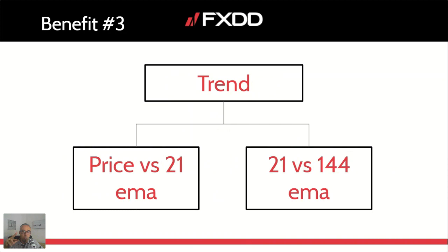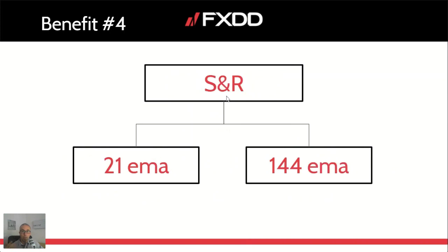If 21 and 144 are aligned, but price is either at the 144 or at the 21, it's a trend, but retracement. There's a pullback going on. Then, of course, obviously support or resistance. The 21 EMA and 144 EMA act as potential support or resistance.